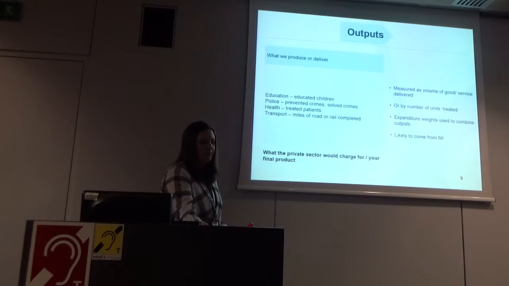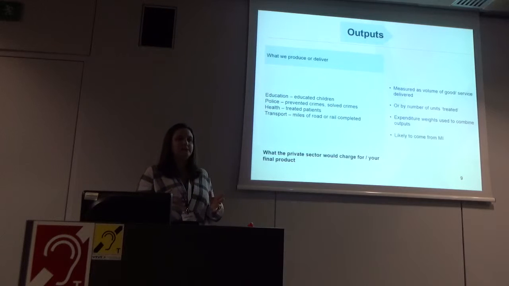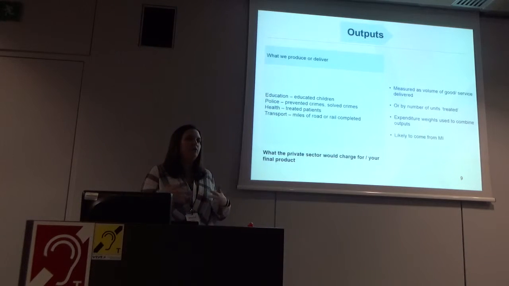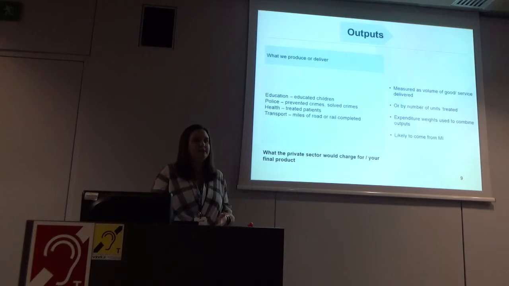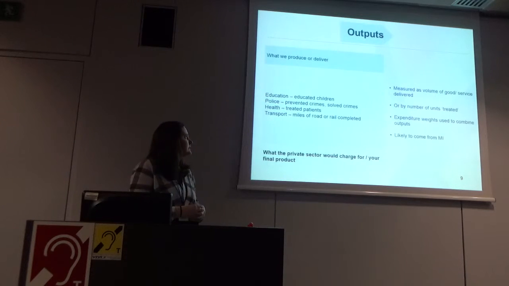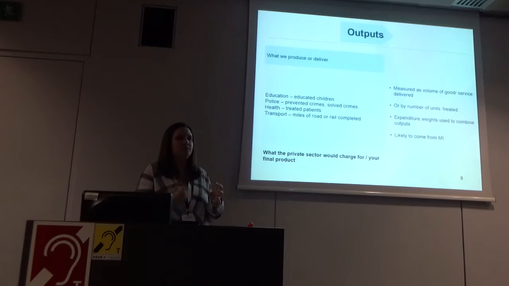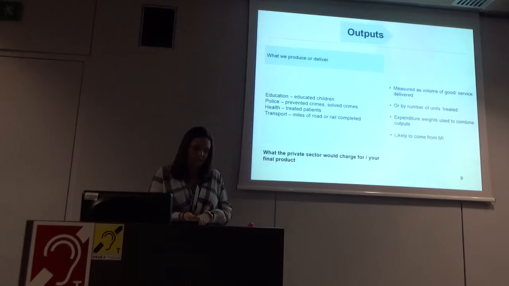One way to think about the distinction between activities and outputs is about what you would buy from the private sector. If I decided to pack in work and go back to university, what I would pay for is essentially the qualification. That is the output that I would be paying for. I wouldn't be paying for the number of hours I sat in lectures, it's that qualification. So essentially that's what we're trying to capture when we capture outputs.